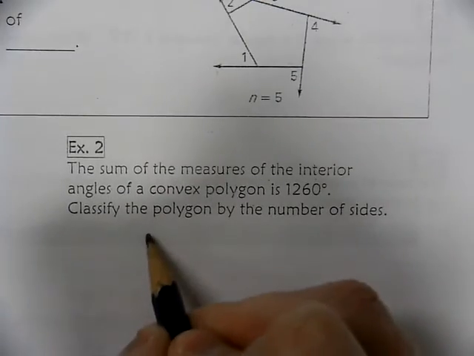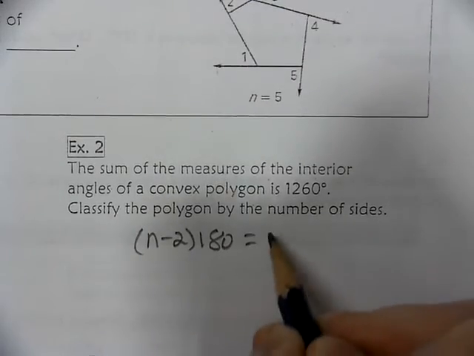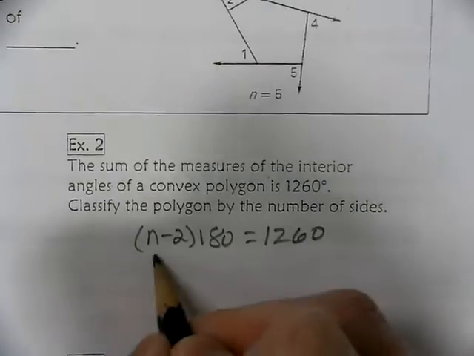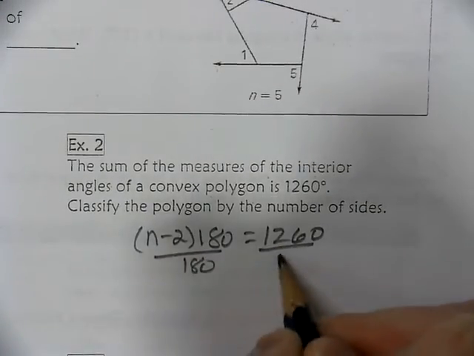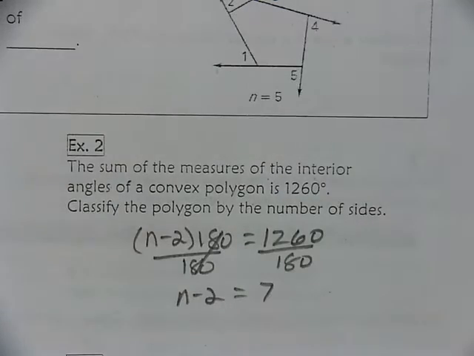Another way to look at it is n minus 2 times 180 equals 1260. If we divide both sides, it's more an algebraic format of doing this, we can figure out that 180 goes into 1260. A calculator helps. You get 7.